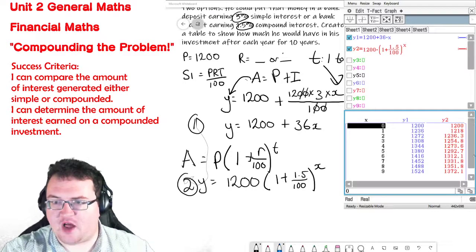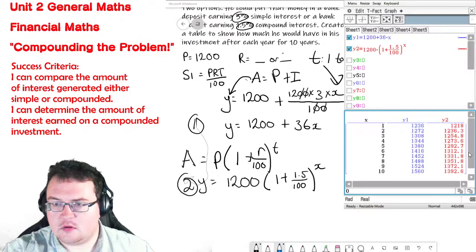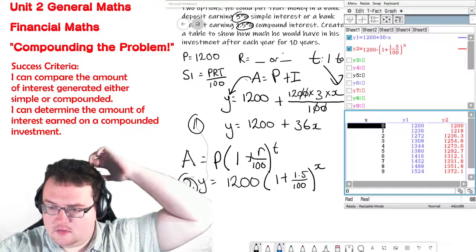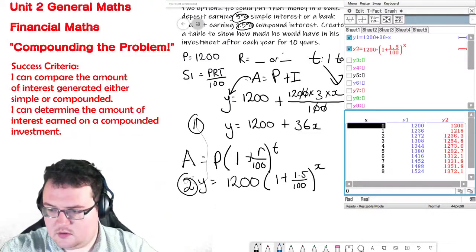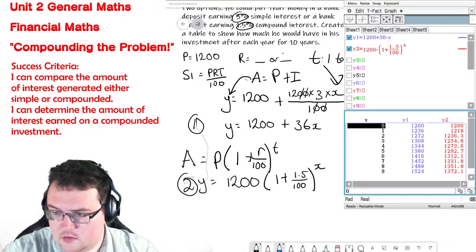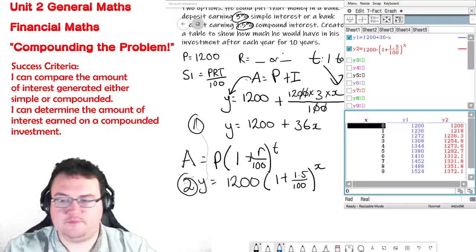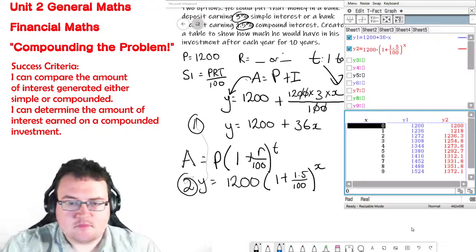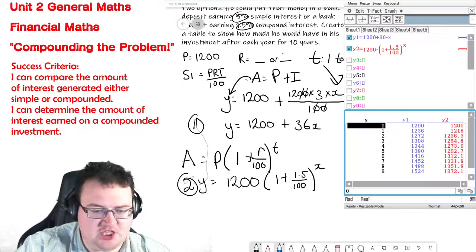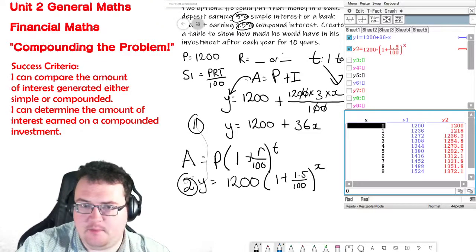So they both start off at the same amount. And now we can see how long or how much he's going to earn depending on which investment.